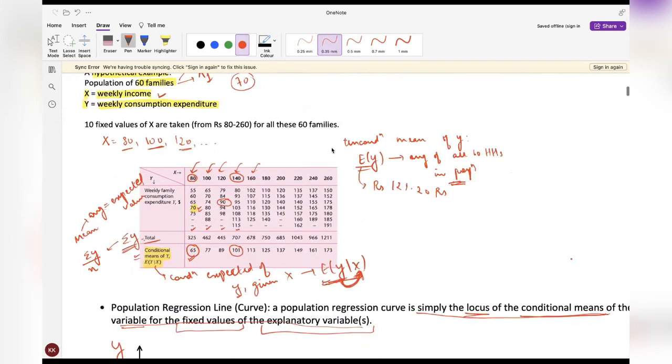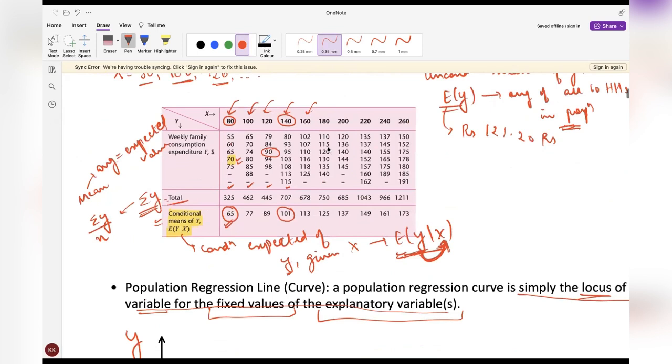In this table, if we consider an individual family's weekly consumption expenditure, that is 120, but the conditional mean that has been taken into account in the model is 125. So in the model, we are considering this, even though the individual family's consumption expenditure was 120.